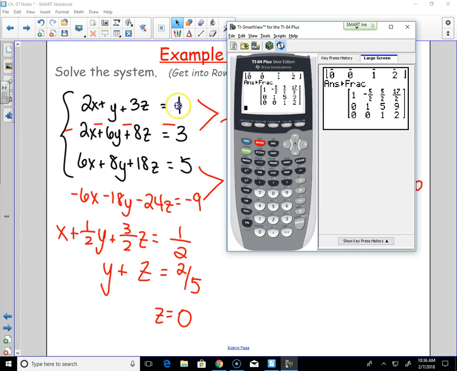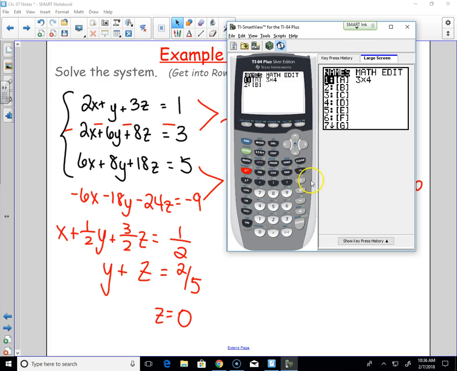You guys trying to figure out his programming in your calculator? I think it's still a 3x4, right? Yeah. No negatives, right?